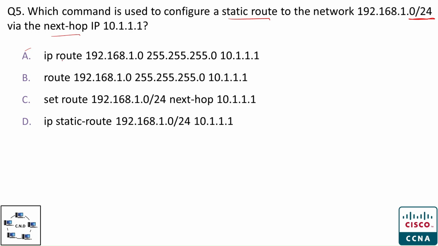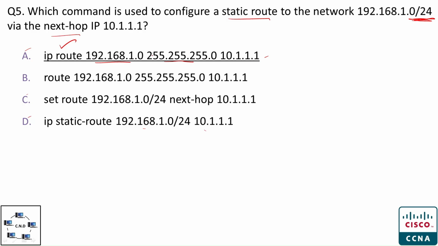The options are: option A, ip route 192.168.1.0 255.255.255.0, which is the subnet mask, and 10.1.1.1; option B, route 192.168.1.0 255.255.255.0 and 10.1.1.1; option C, set route 192.168.1.0/24 next hop 10.1.1.1; and option D, ip static 192.168.1.0/24 10.1.1.1. And the correct option is option A.